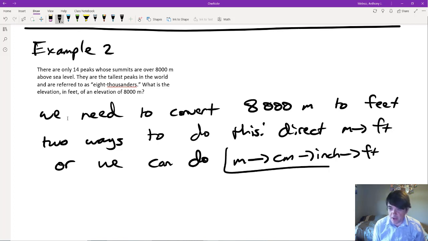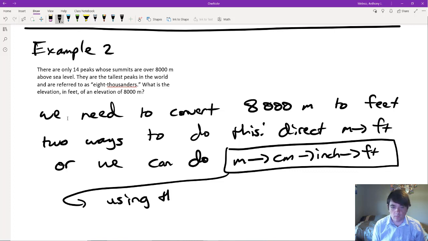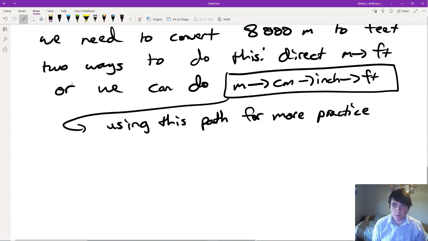And this is the path I'm going to take for more practice. So okay, we're going to go meters to centimeters first.